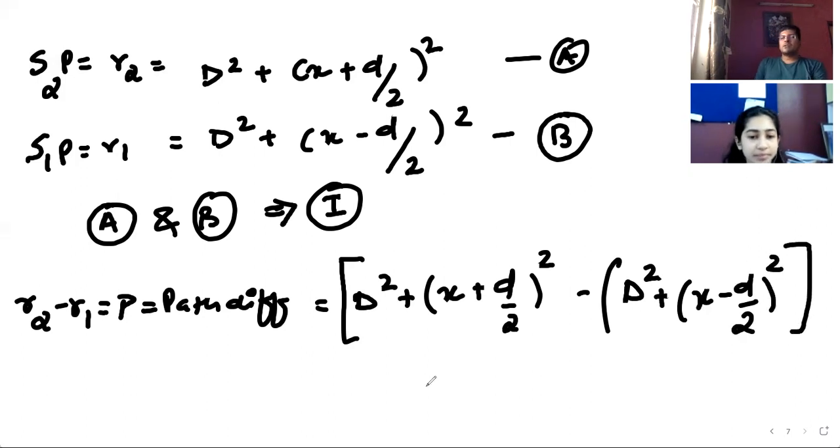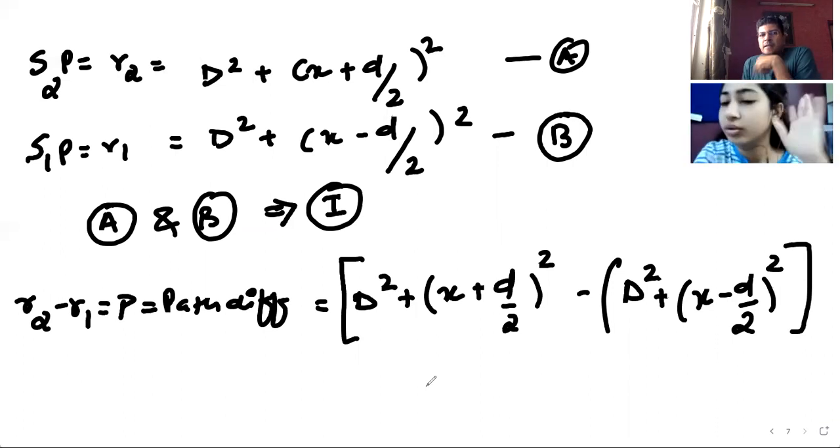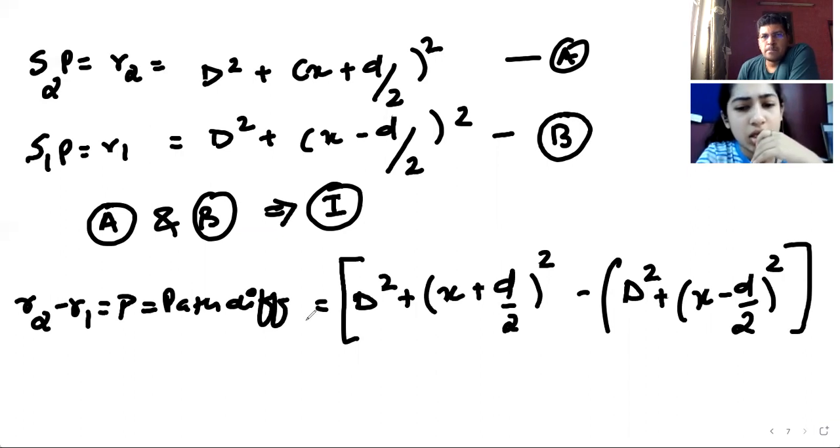From the very first side, we can say that our capital D square will be cancelled out. ચલો ભાઈ, x square x square પણ રિમૂવ થઈ જવાના છે.